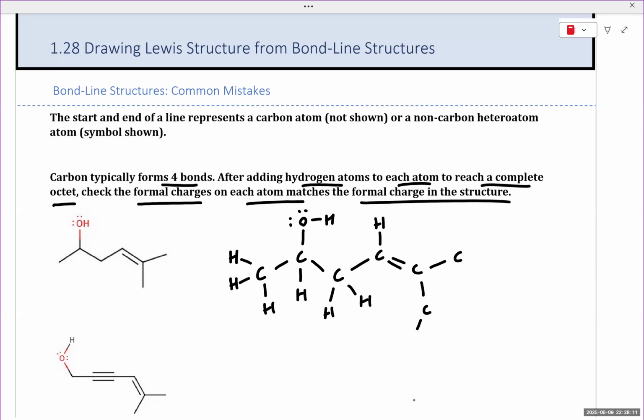So I'm slowly adding hydrogens to each carbon such that it has 4 bonded atoms or lone pairs attached to it, such that it has a complete octet, unless indicated otherwise by a formal charge or something else in the bond line structure. In this case, there's no unique formal charge on any of our carbons, so we're just filling in hydrogens to give us a complete octet.